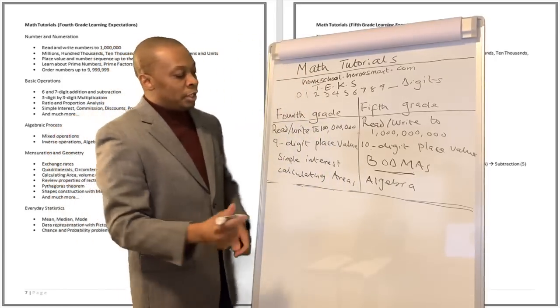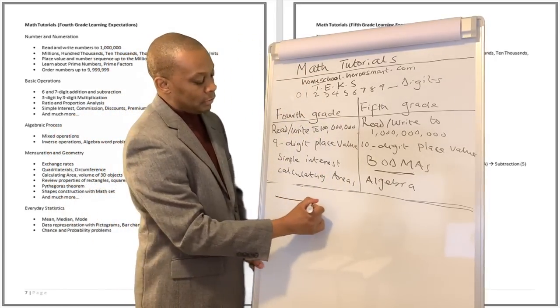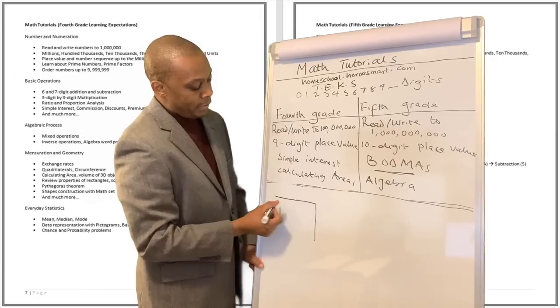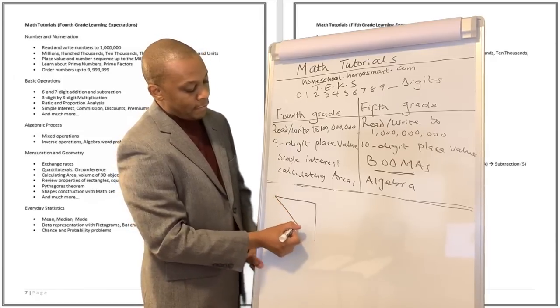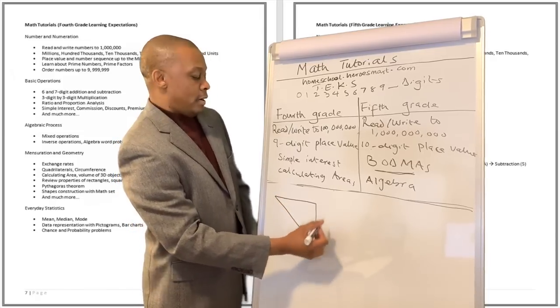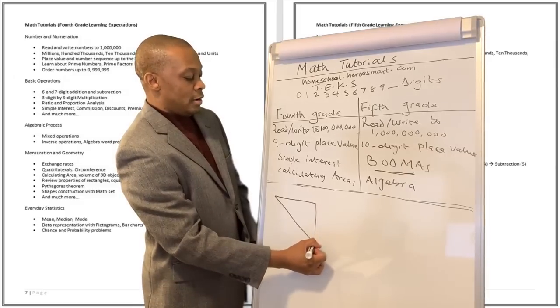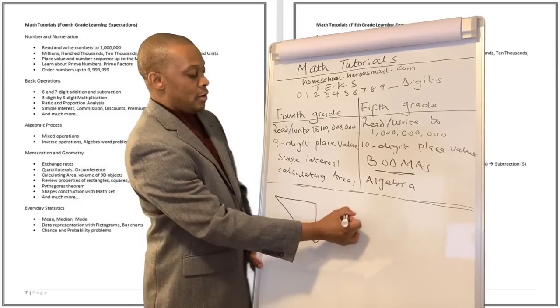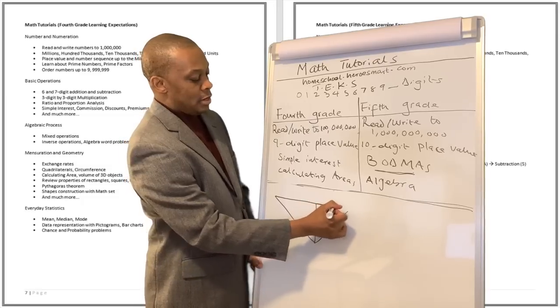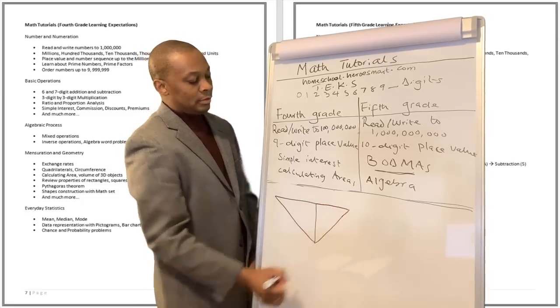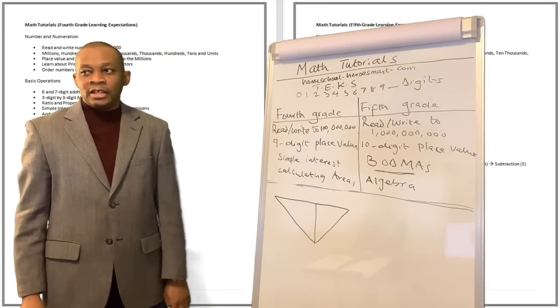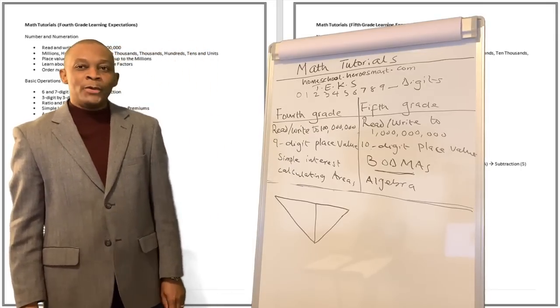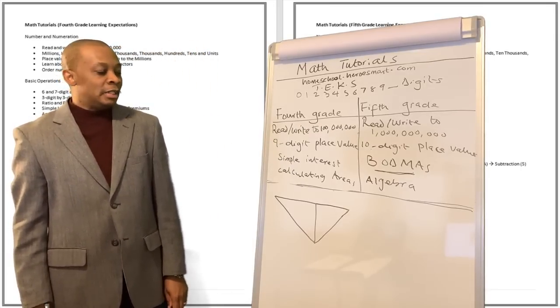So if you have a shape like this, and then you have another one like this. Well, that looks like a funny looking shape, right? How do we calculate its area?